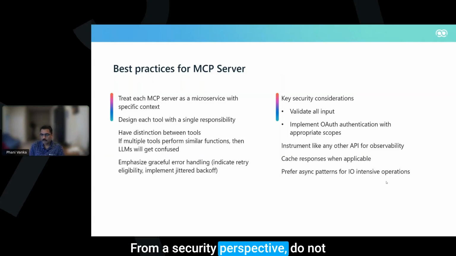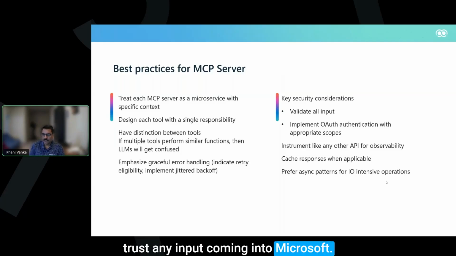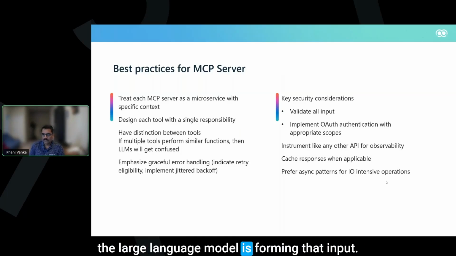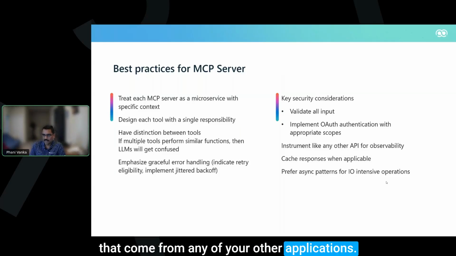From a security perspective, do not trust any input coming into your MCP server. Validate all inputs, even though the large language model is forming that input. You don't want to trust that. You want to validate it, just like you would validate any REST API inputs that come from any of your other applications.